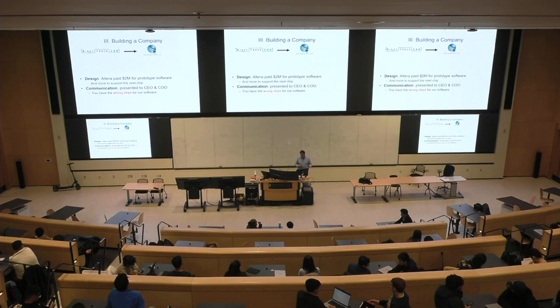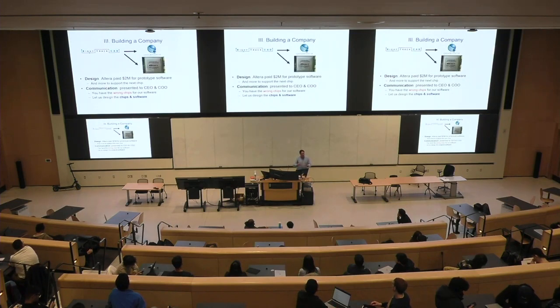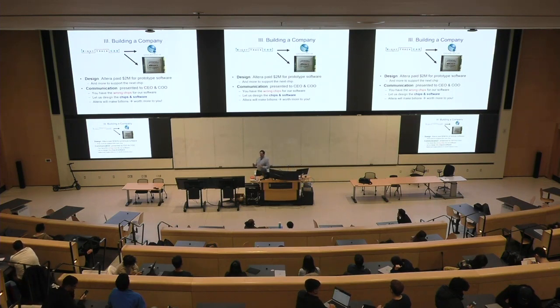So we pitched to their CEO and COO: we can make software for your next chip, but the chips you're building are not really the best chips for our software. You should let us design your next generation chip, and we'll design the software to go with it, and that's going to work much better. We could actually compute what kind of money they could make off of that, and it was billions.